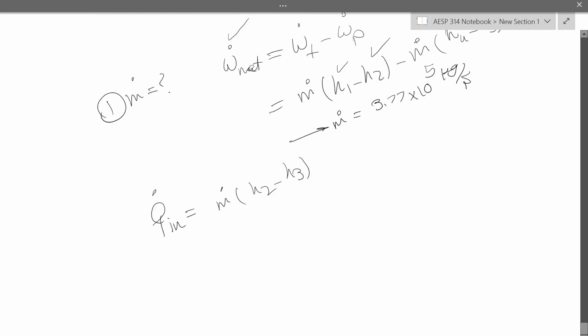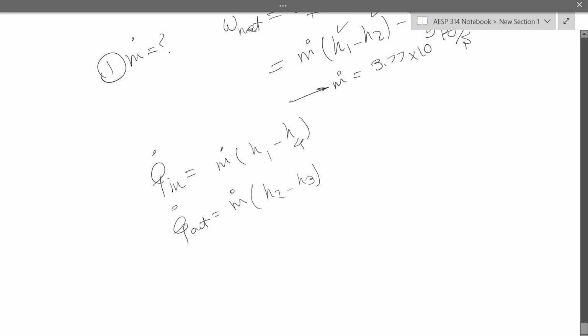Just plug in the values. The other thing is Q dot of the condenser, whatever heat we have removed from the system in the condenser, which is m dot times h1 minus h4. If you plug in all of these values, you should be able to find the solution to your problem.